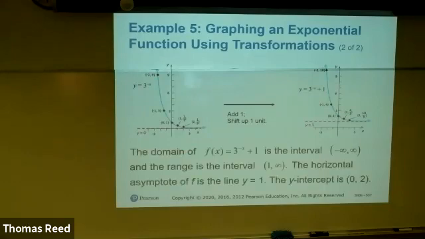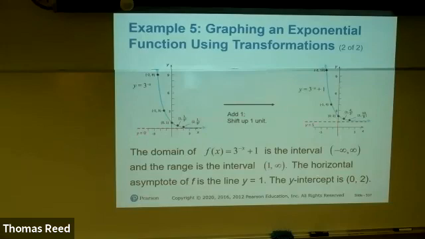So the domain remains the same because it doesn't matter what I put in for x, I can still use it. But what changes is the numbers I get. Now the smallest number I get is greater than 1, and it goes up to infinity. The y-intercept went from (0, 1) to (0, 2).